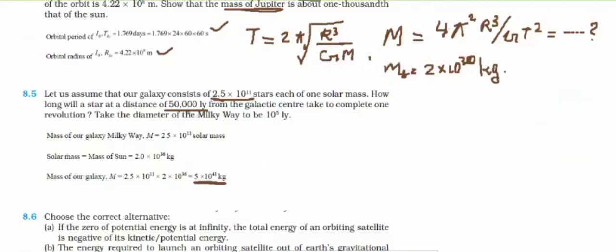Then the distance is 50,000 light year. Light year you have to convert into meter. 50,000 into 9.46 into 10 power 15 meter. Then afterwards we can use the same formula which we have used in the previous problem. So we have a time period T is equal to 2 pi into under root r cube by GM.